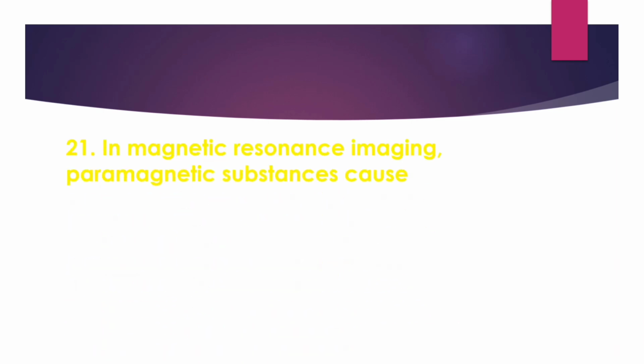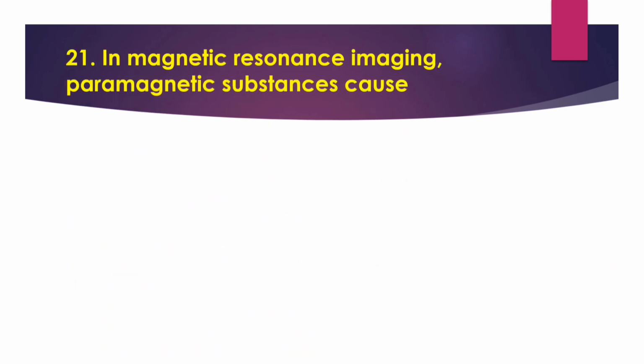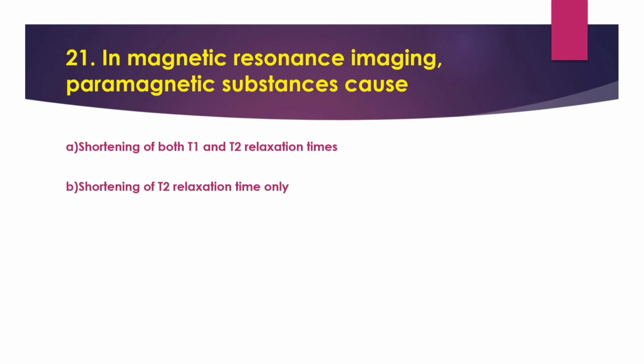Moving on to the next question, question number 21. In magnetic resonance imaging, a paramagnetic substance causes... Gadolinium is a paramagnetic substance that we give as contrast in MRI. Option A, shortening of both T1 and T2 relaxation times. Option B, shortening of T2 relaxation time only.